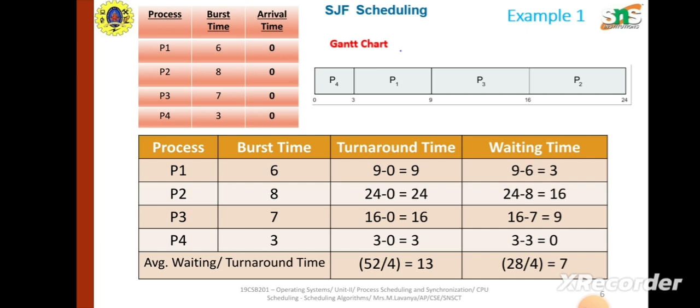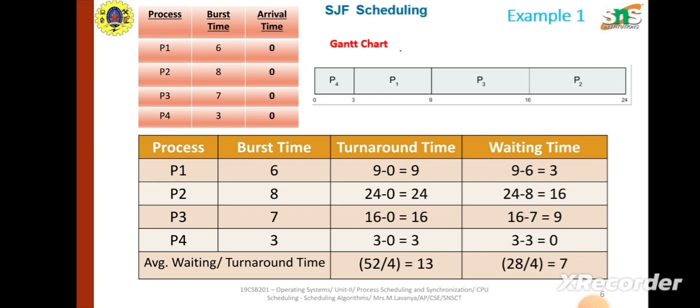Next, for process P3, its turnaround time is 16 milliseconds minus its burst time 7 equal to 9 milliseconds is the waiting time of process P3. For the next process P4, the turnaround time is 3 minus its burst time 3 equal to 0 is the waiting time of process P4.